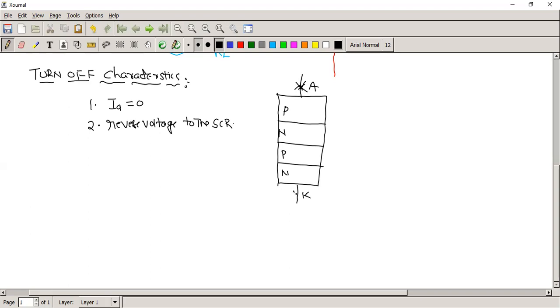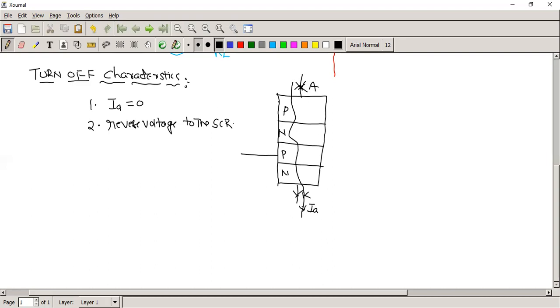Current is always passing from the anode. Here is the gate terminal. Once the SCR is on, the gate does not have any control on the device. By means of the gate, we can't do anything. Once the device is on, a current IA is passing through the device in this manner. This is IA, uniformly distributed throughout all four regions.